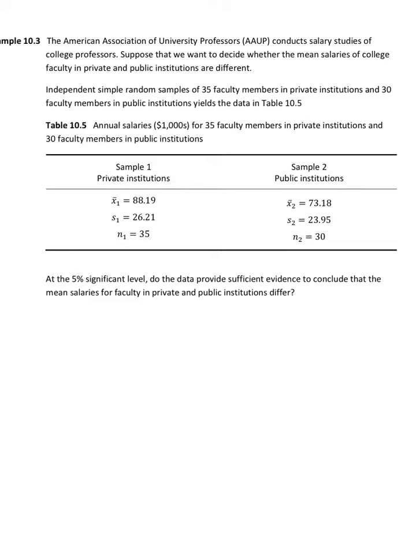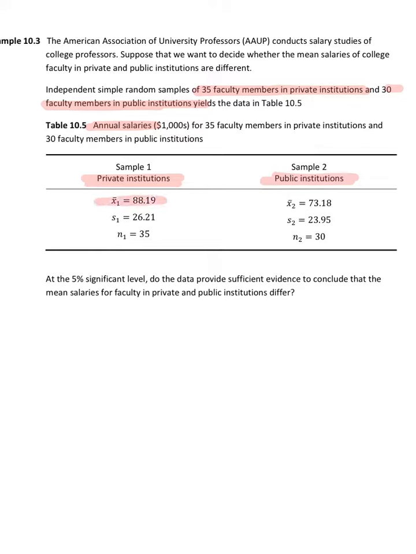Here are the two groups: private school and public school. They sampled 35 faculty members in private institutions and 30 faculty members from the public, and they compare the annual salary.